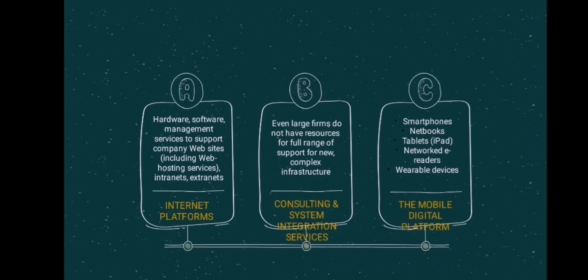The next example is netbooks, such as small, lightweight notebooks optimized for wireless communication and core tasks. Then tablets like iPad and network e-readers like Kindle and Nook, and the wearable devices such as smartwatches and smart glasses.